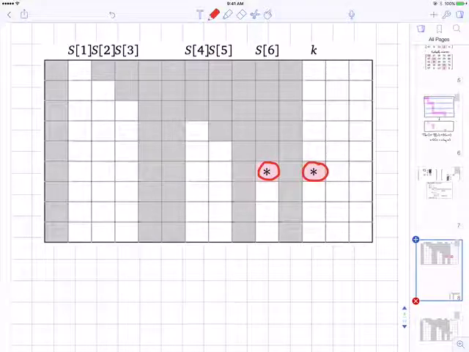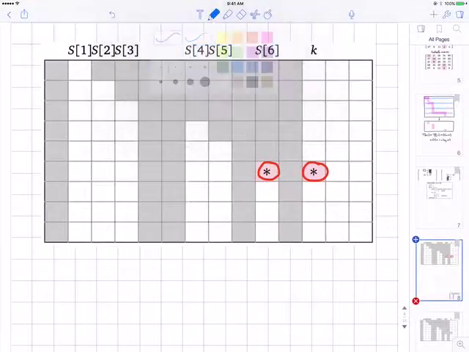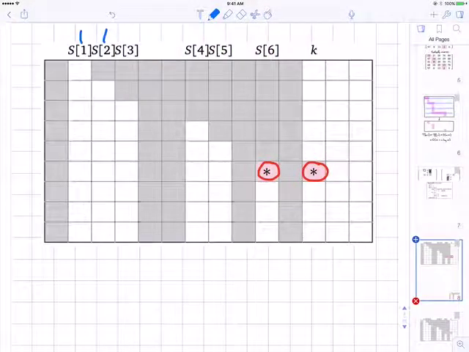So what information am I maintaining here? The first thing I have is an array that actually functions as a stack called S. That's just a screensaver. Okay.